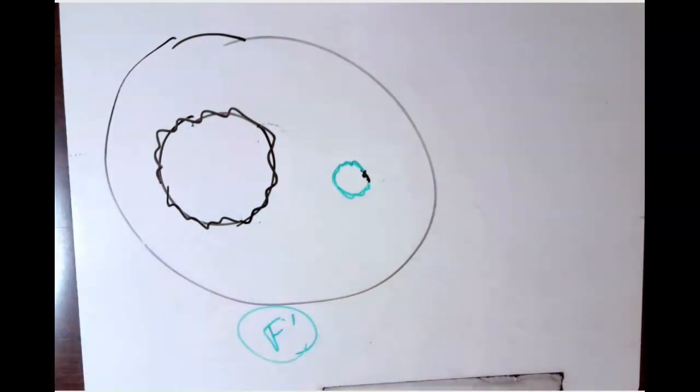So this is completely unintentional. This is an F' cell. An F' cell, by definition, had to have been an F+ cell that went Hfr due to a recombination or integration event, and then had an improper excision to take with it a little bit of bacterial DNA.